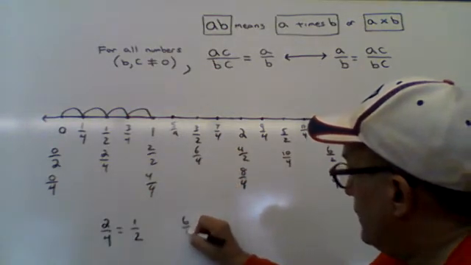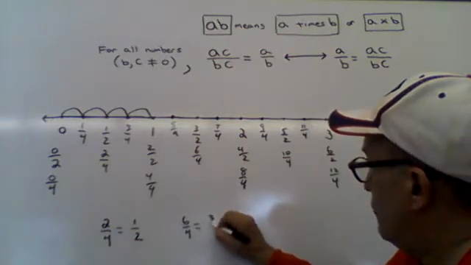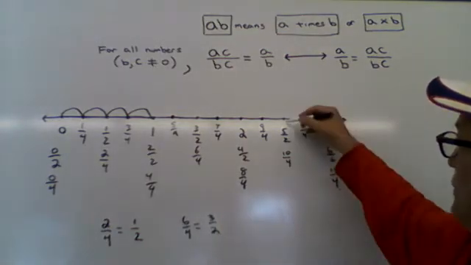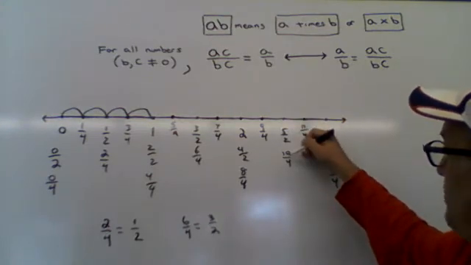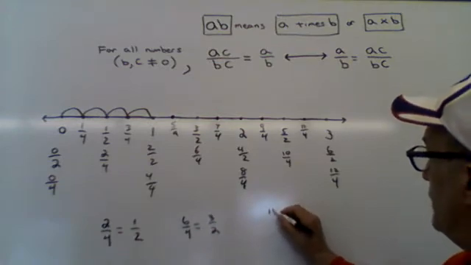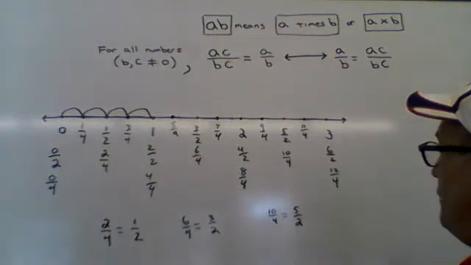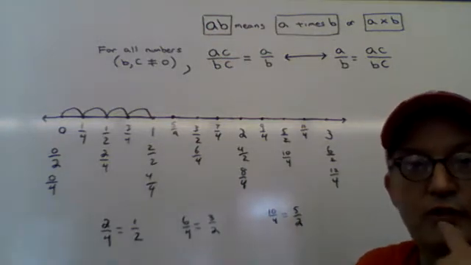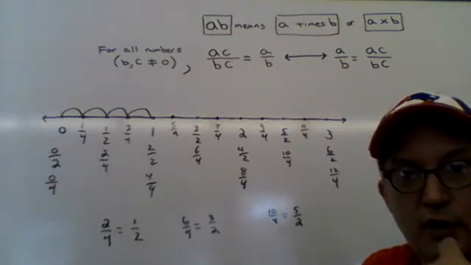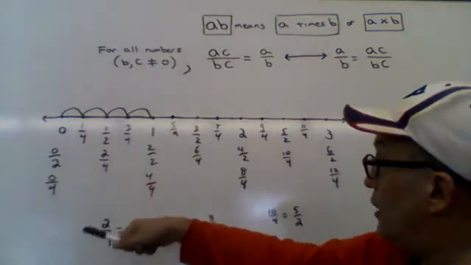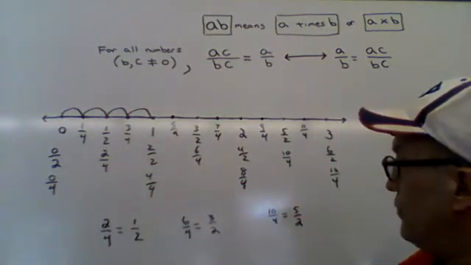So let me write 6/4 equals 3 halves, and 5 halves is the same as 10/4. Let me write 10/4 equals 5 halves. Now, why can I write equal signs between the two fractions? Because they are the same point on the number line. The second fourth is the same as the first half.